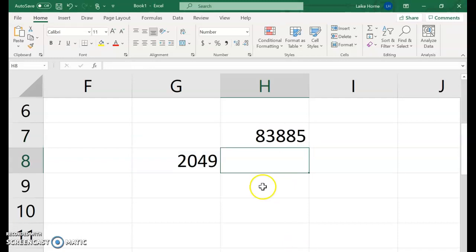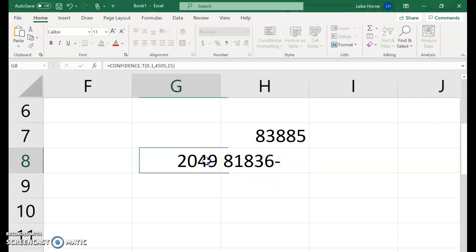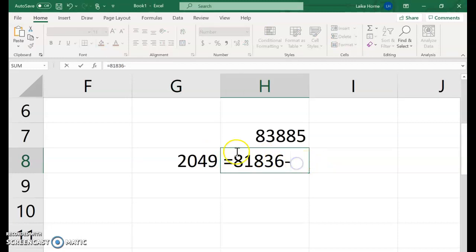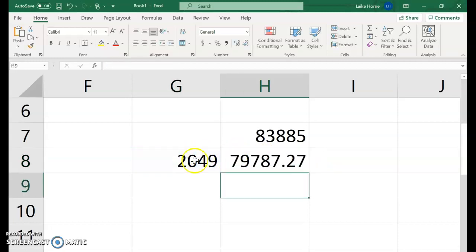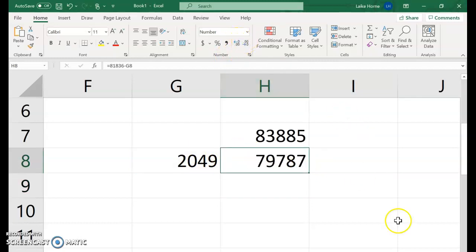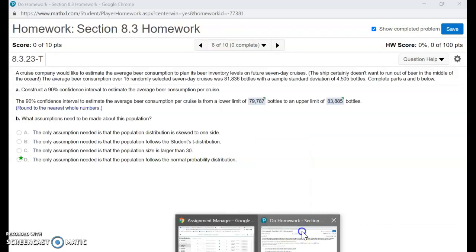And then we're going to do 81,836 minus this. And I need to put my equal. All right. And you get 79,787.